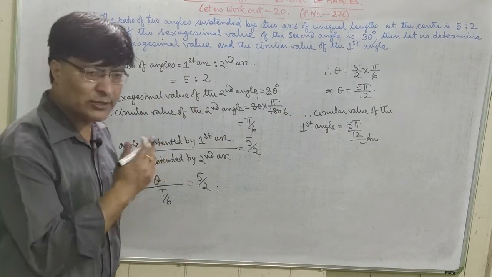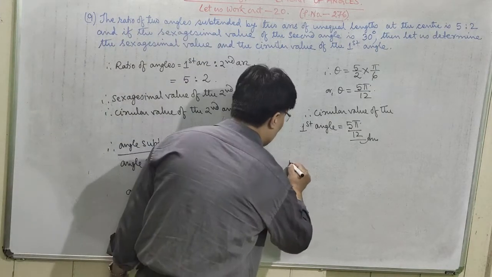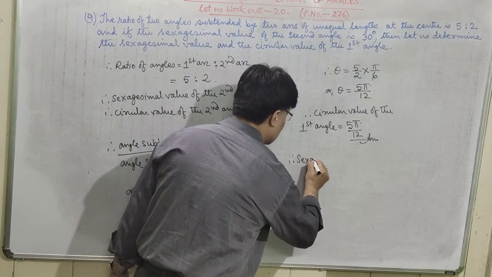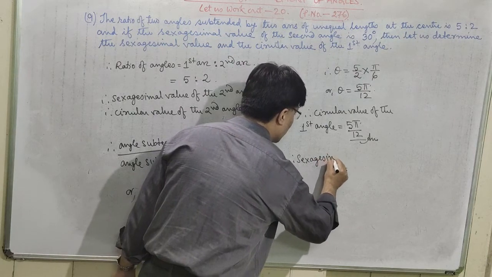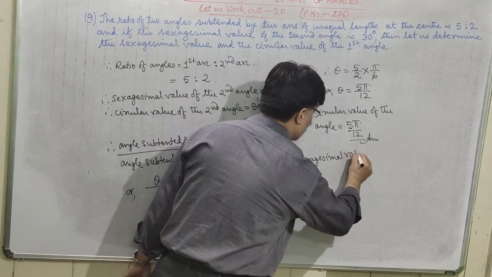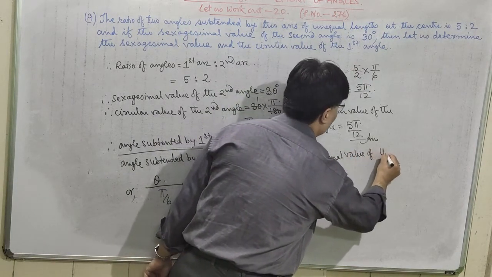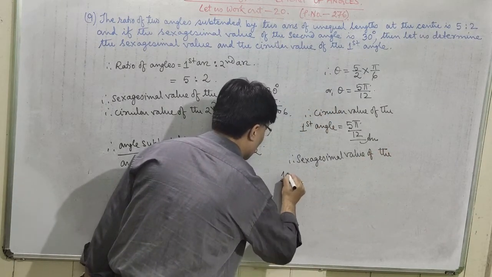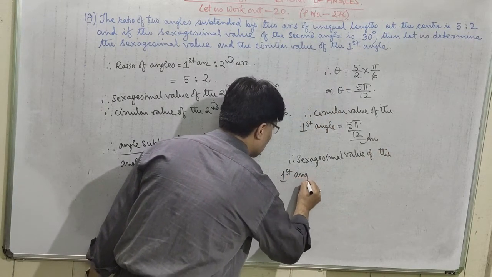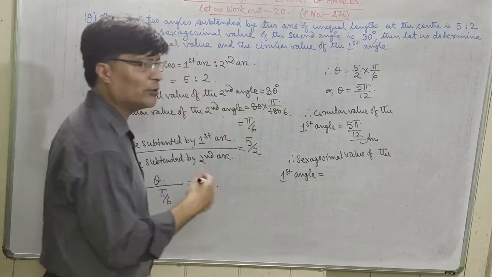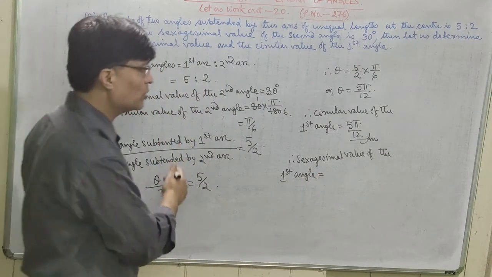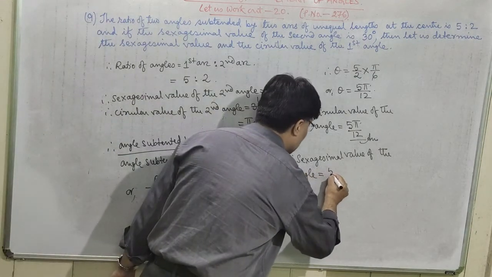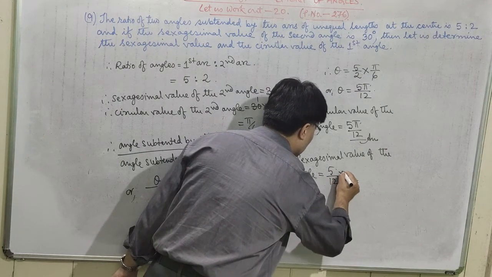So let us convert into sexagesimal value. Therefore, the sexagesimal value of the first angle is equal to, how can you convert into sexagesimal value? You know that pi is 180 degree, isn't it? In terms of sexagesimal value, pi is 180 degree.